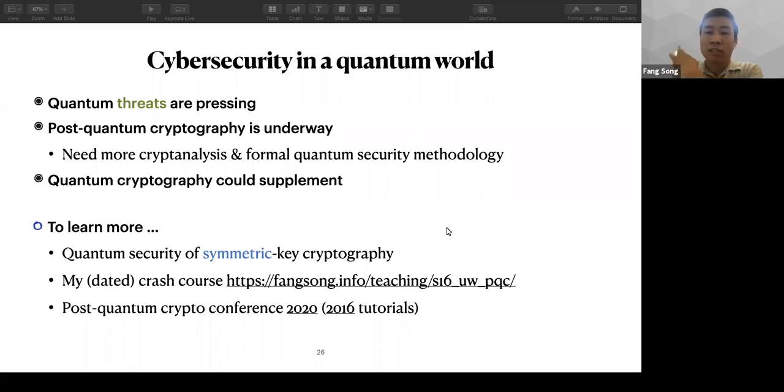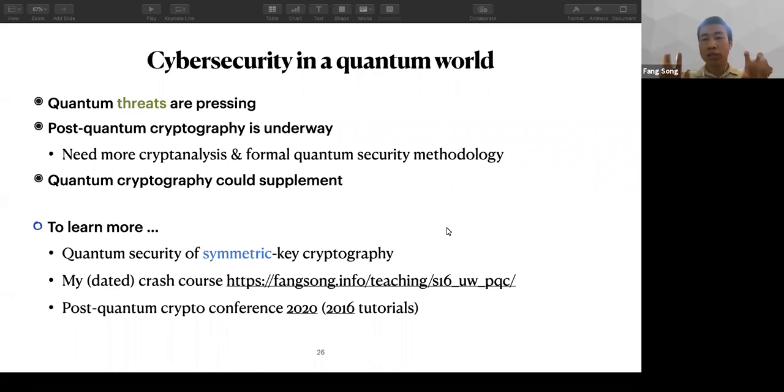I would say, this is my personal opinion, I wouldn't consider quantum cryptography to be the ultimate solution, and post-quantum crypto to be like the makeshift for now. I really think these two approaches will be coexisting. They will supplement each other.